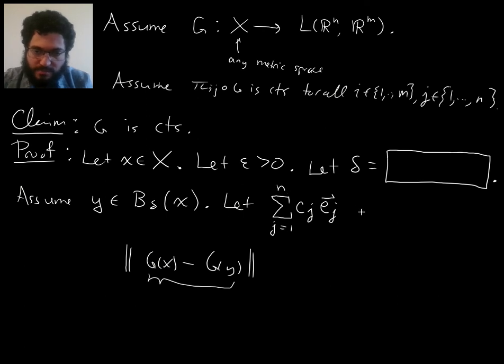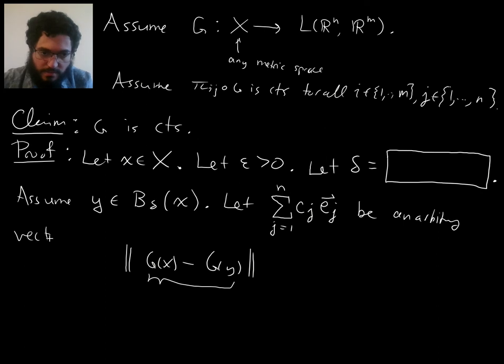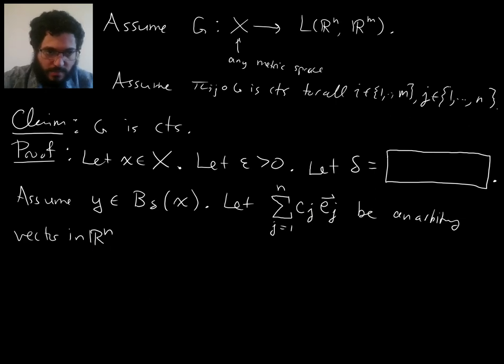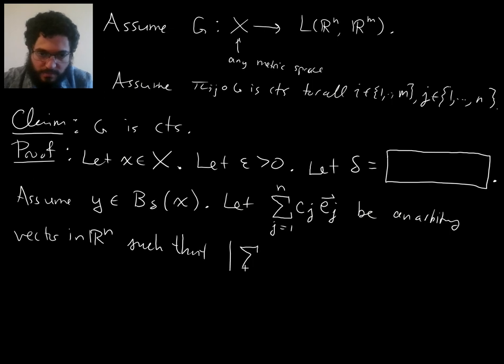So let this be an arbitrary vector in Rn with length at most 1, such that the length of this vector is at most 1.